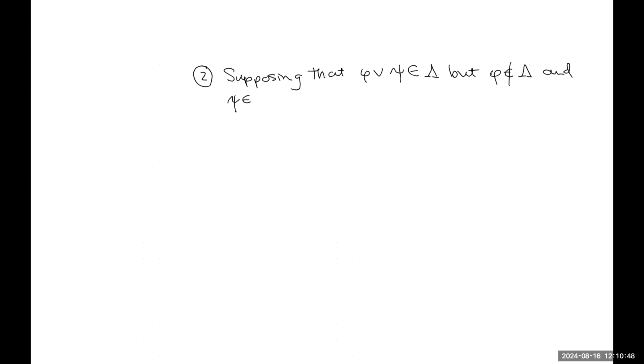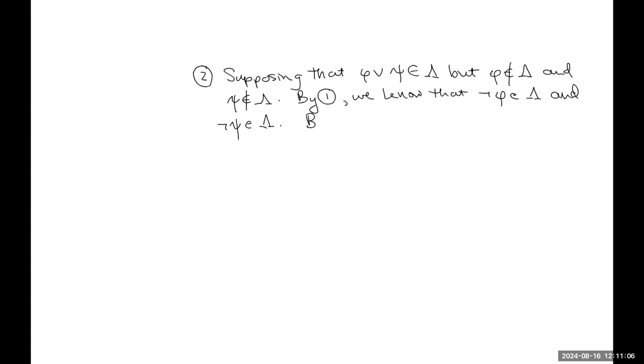So neither of the two disjuncts are. By the fact that we've just proven, we know that this means not phi is in lambda, and also that not psi is in lambda.